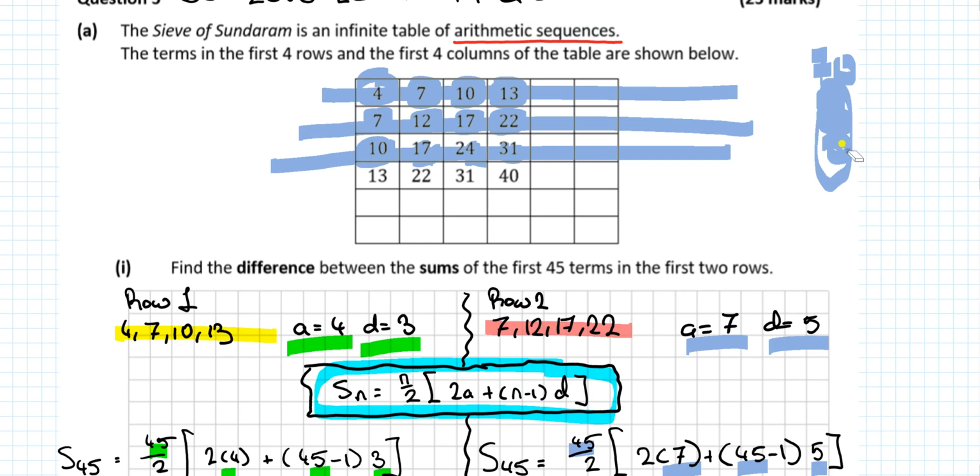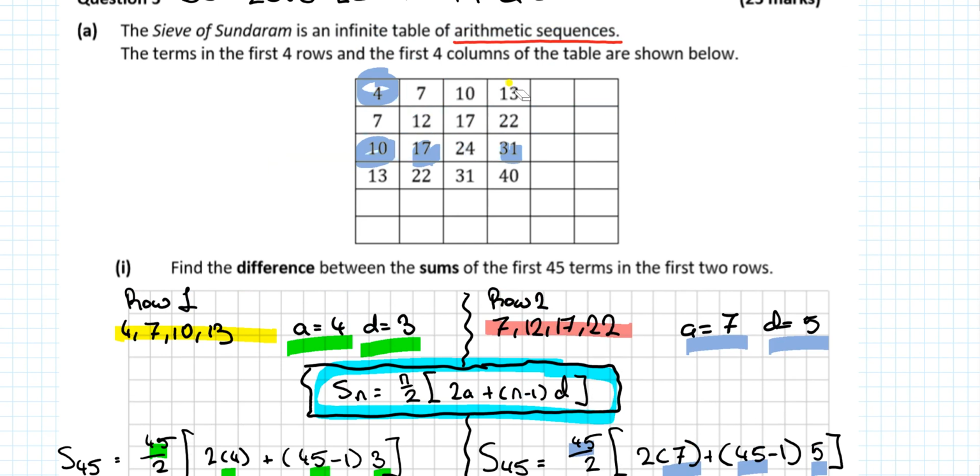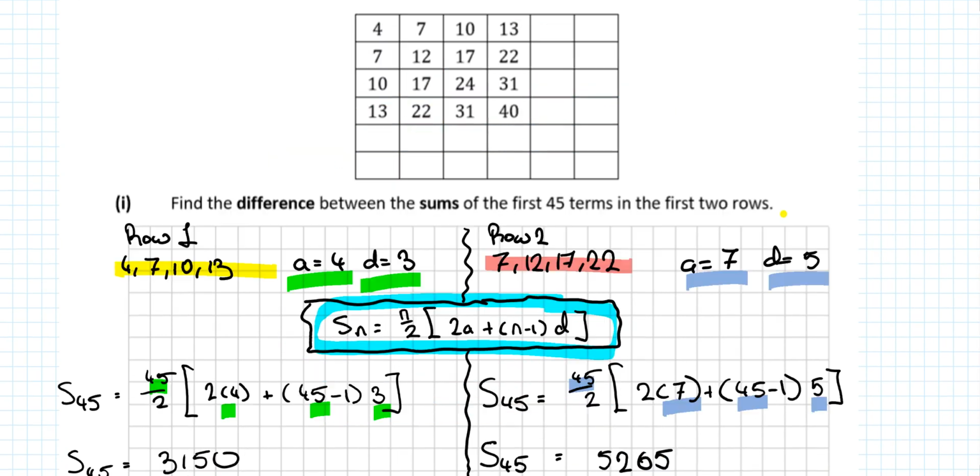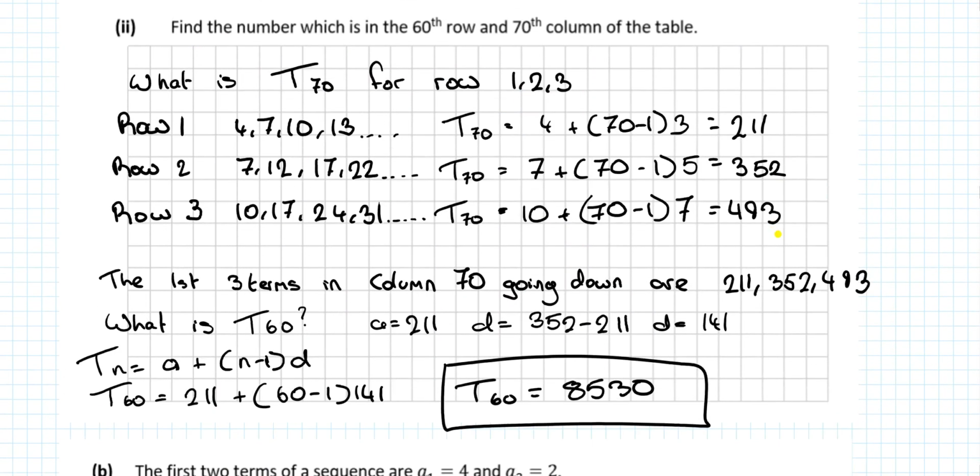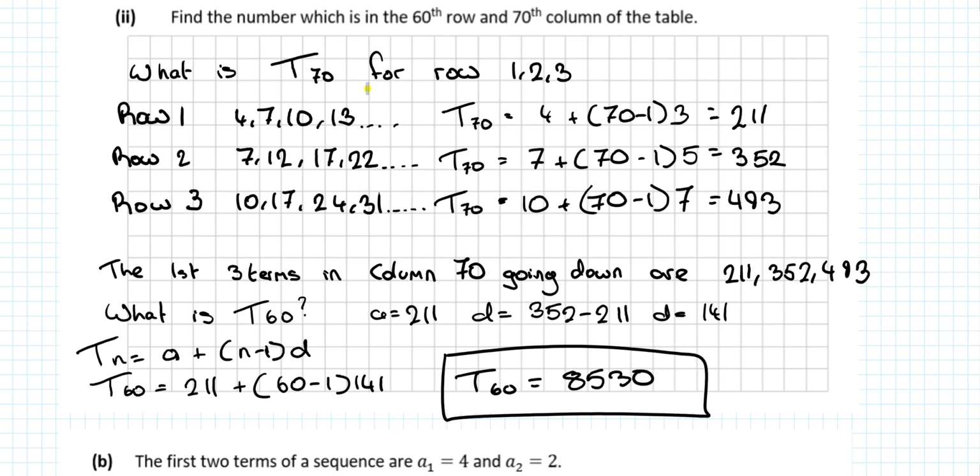So I find these 3 terms over here in the column, in the 70th column, and then I go and find the 60th term, which would be down here for that column. So of those first 3, what is T70 for the row 1, 2, and 3? So I have row 1, 4, 7, 10, 13, and I go and find T70.